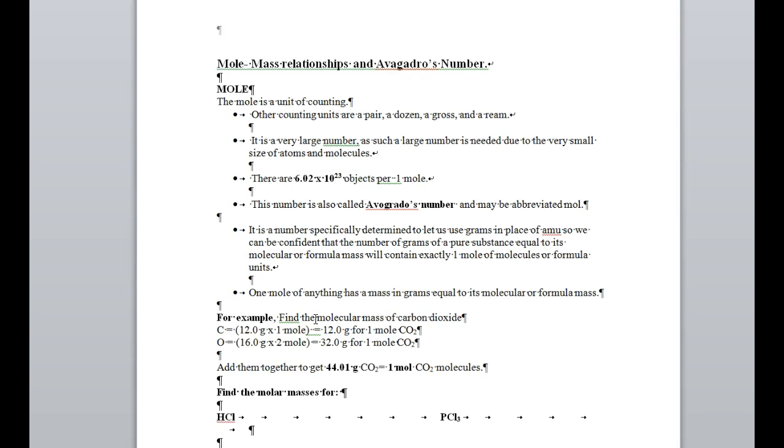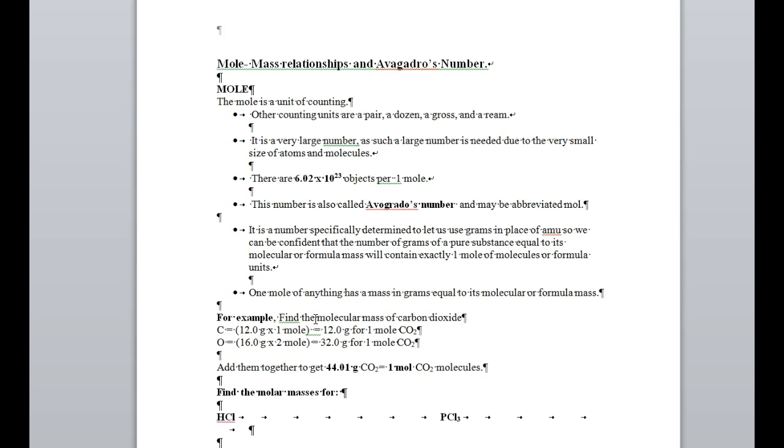So the example they used, and we can just use the periodic table for this, is for carbon dioxide, which is CO2. We go to carbon on our periodic table and we look at its atomic weight. And that's 12.01. Okay, but they're just calling it 12.0. And so if I have a mole of CO2, that means I have 12 grams of carbon in that 1 mole.